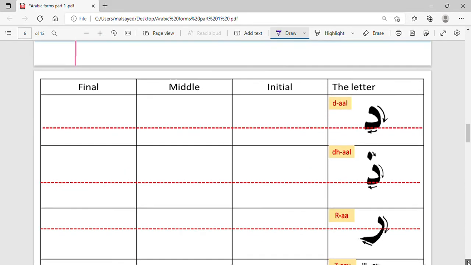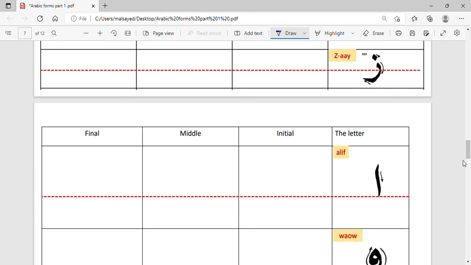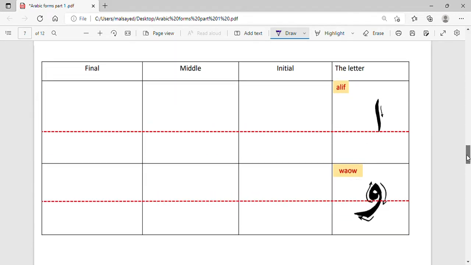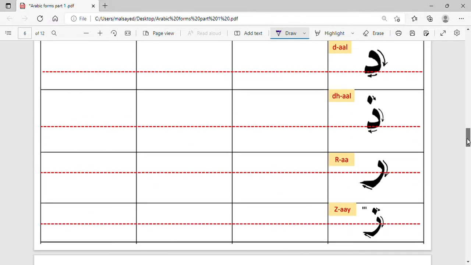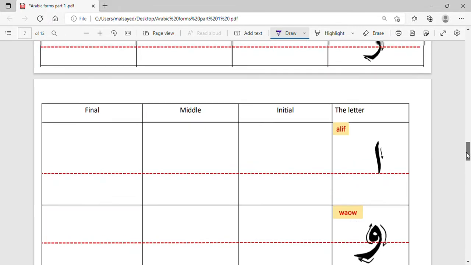Okay, so now let's move to the dal, dhal, ra, and zai. These letters are very special, and we are going to add to them the alif and the waw. So these six letters have very special rules in Arabic. Dal, dhal, ra, zai, alif, waw.